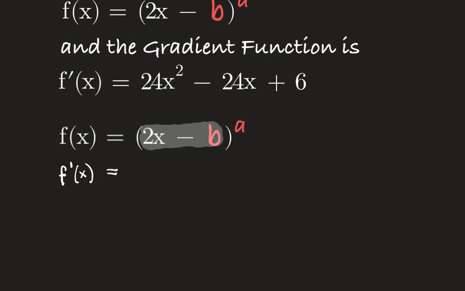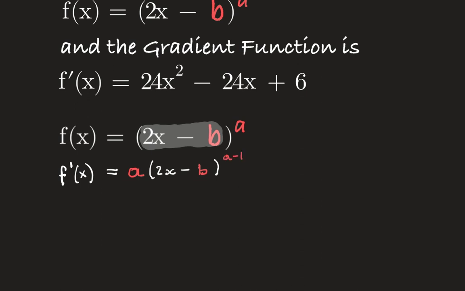So we'll first differentiate the outer function. So a, we take that down over there, and now we just rewrite the 2x minus b right where it was before, but now we need to change the a diminishing by 1, so that will become a minus 1.